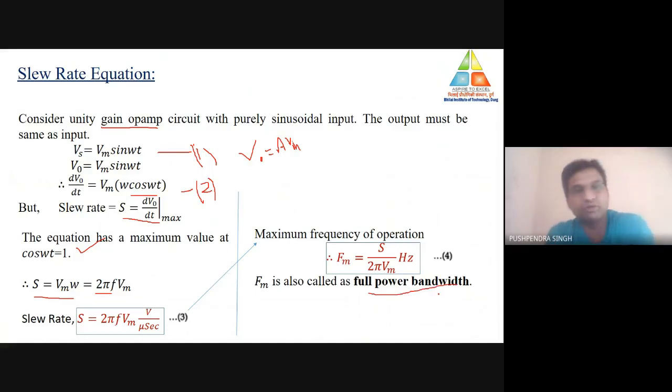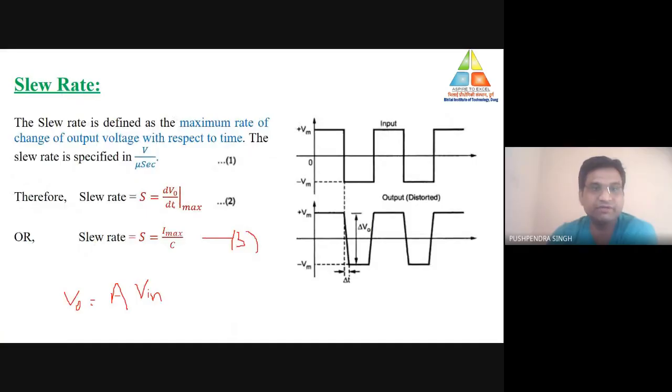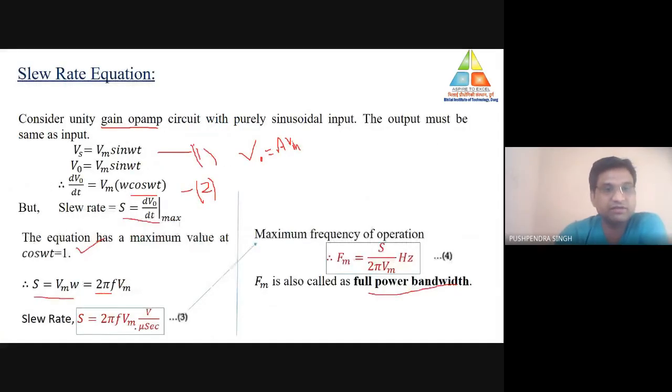In most problems, you need to calculate the value of slew rate. When the input signal is given in the form of voltage, you may use equation number 1, dv naught by dt max, for the calculation of slew rate. When the question is given in the form of current and capacitance, use equation number 3, I max divided by C. When the question is given in the form of frequency and maximum voltage, you may use equation number 3, S is equal to 2 pi f into Vm.